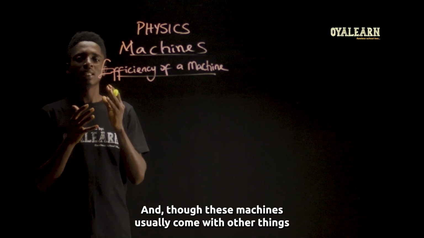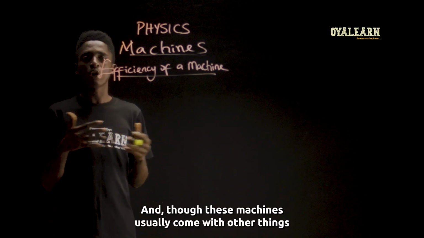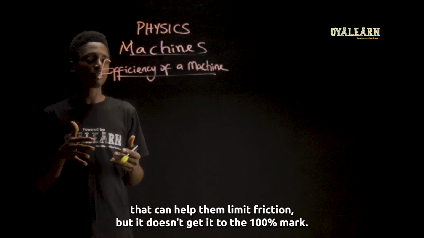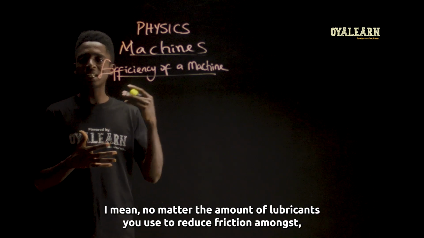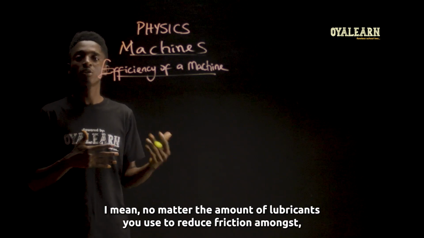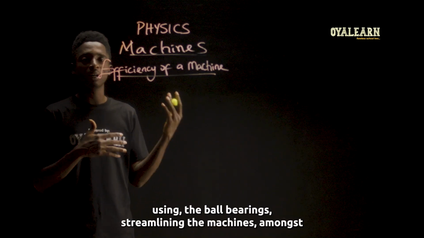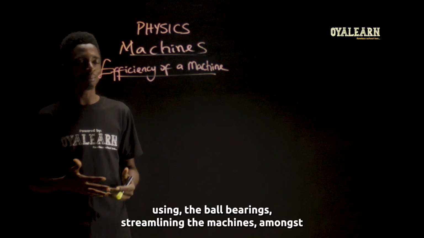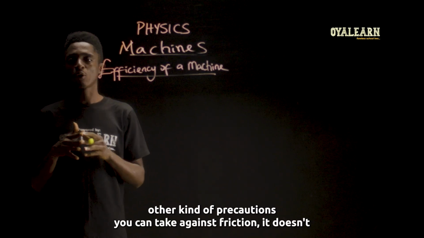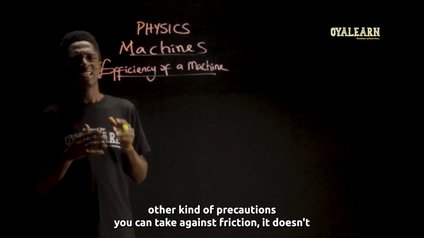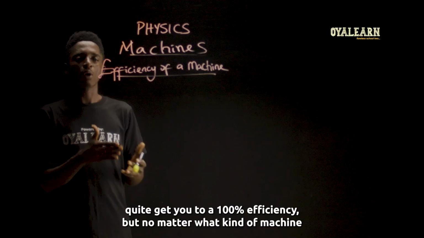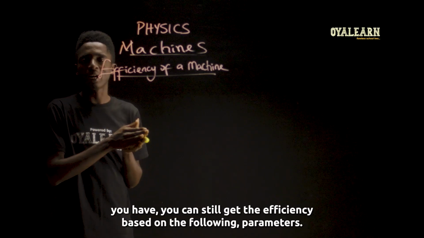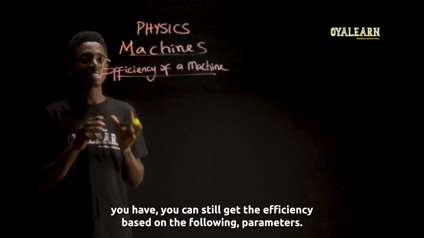Those machines usually come with other things that help limit friction, but it doesn't get them to the 100% mark. No matter the amount of lubricants you use, or ball bearings, or streamlining, or other precautions against friction, it doesn't quite get to 100% efficiency.